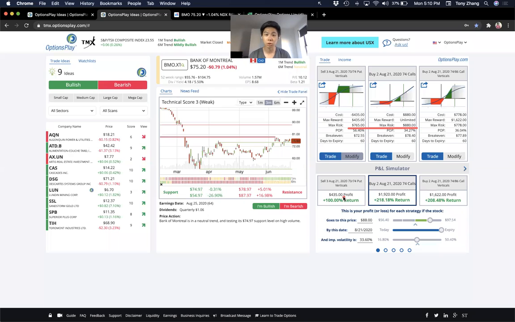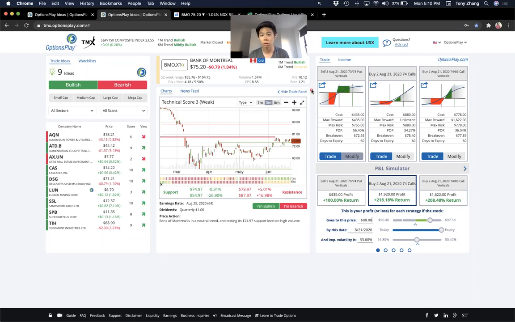When you do have that strong directional view, you should buy that call, or you should at least buy the call spread, because here you're looking at $1,900 worth of profit versus $1,600 worth of profit. That certainly looks substantially better than the $435. You're talking 4 to 5 times the amount of profit than if you sold the credit spread. So don't just sell credit spreads because you like selling credit spreads, or because they have a higher probability of profit.